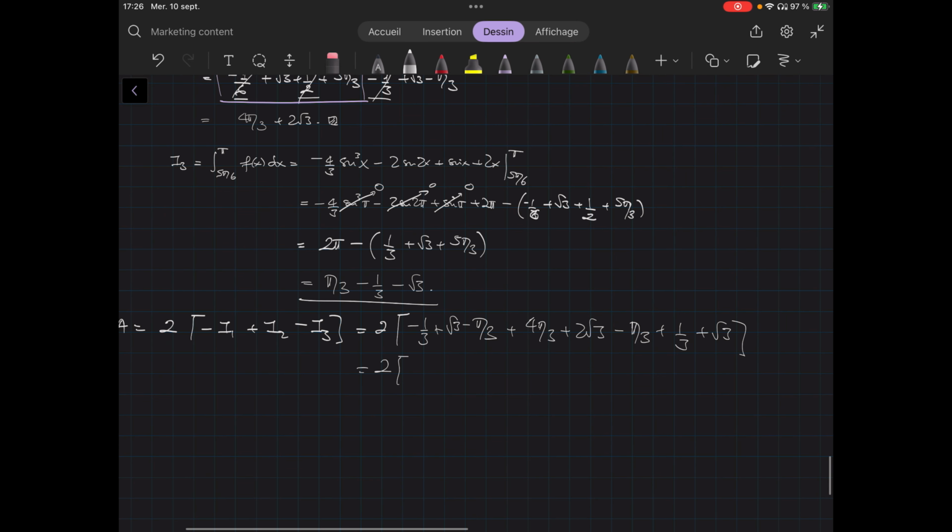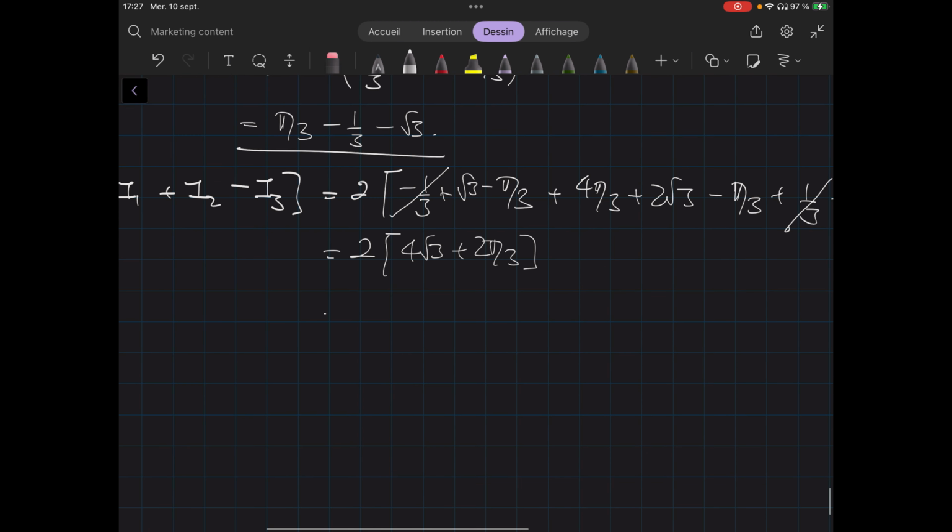And your final answer would be 2 times. Fractions cancel out. You're left with 4 root 3 plus 2 pi by 3. And thus your final answer is 8 root 3 plus 4 pi by 3.